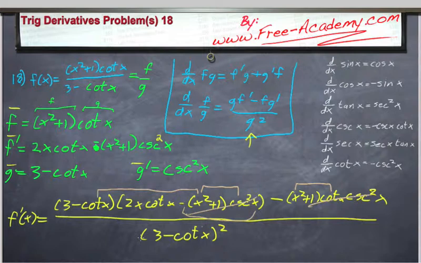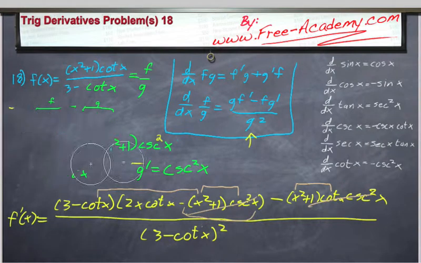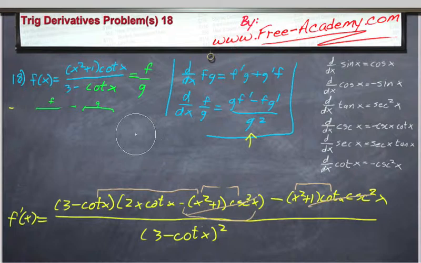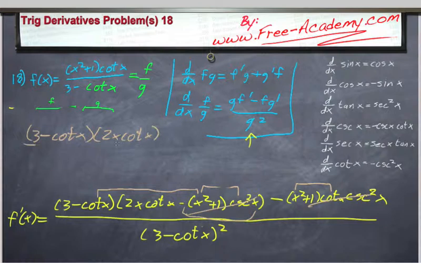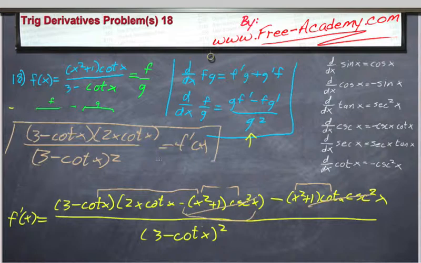So this simplification won't really be that bad. This will be equal to 3 minus cotangent of x times 2x cotangent of x over 3 minus cotangent of x squared. I'm not going to guarantee that because I did it pretty quickly in my head, so you can check that result for yourself. But either way, this is the correct derivative.